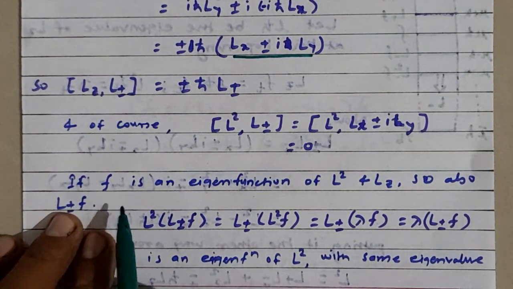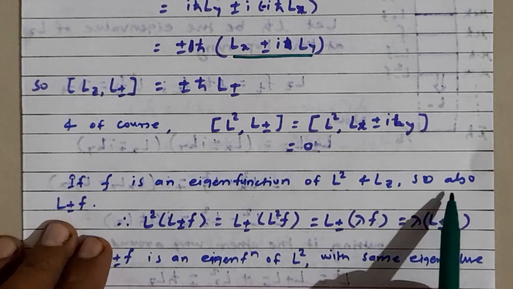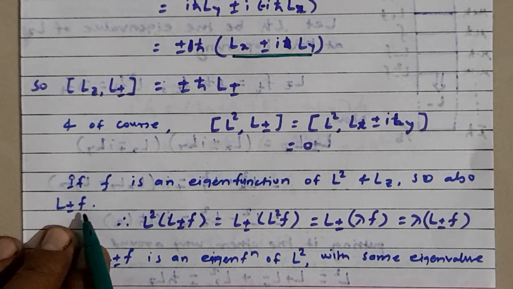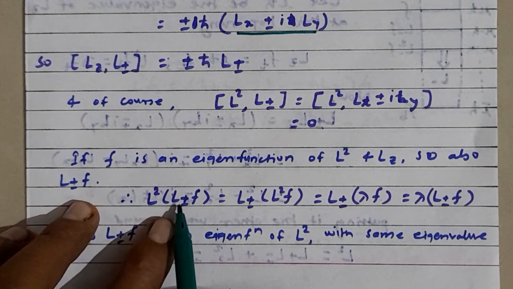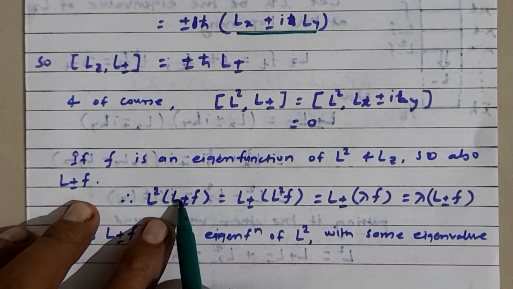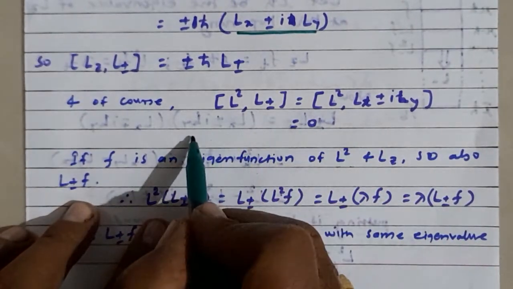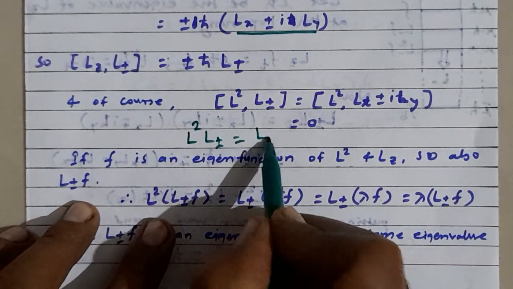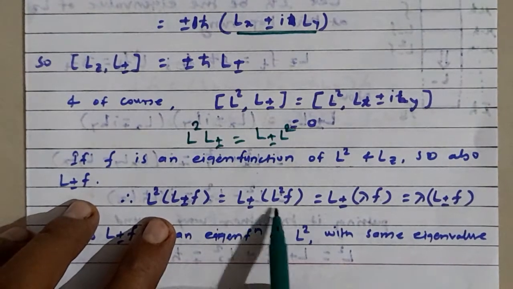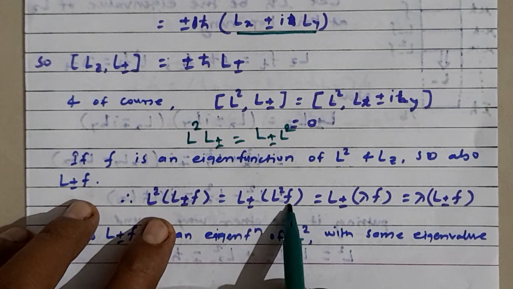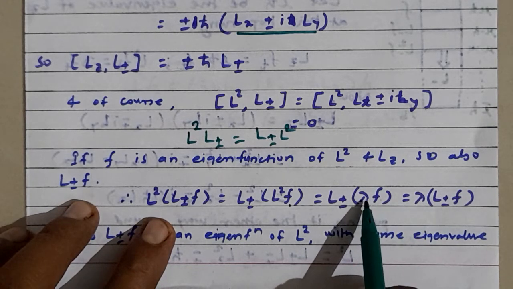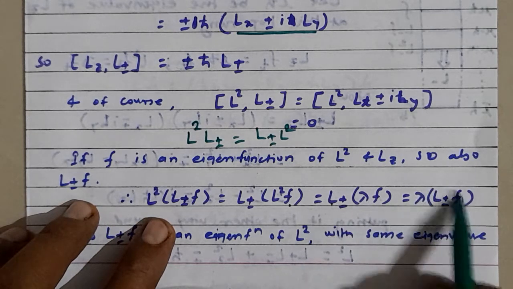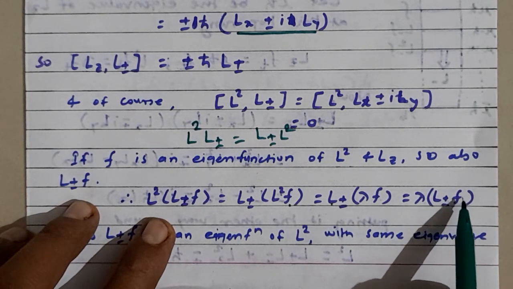Now suppose f is an eigenfunction of L² and Lz; then L±f is also an eigenfunction of these operators. Therefore, consider L² operating on L±f. Since they commute with each other, L²L± = L±L². When L² operates on f, we get λ as its eigenvalue, so L±λf. Since λ is an eigenvalue, it is a constant and can come out, leaving L±f acting as an eigenfunction.